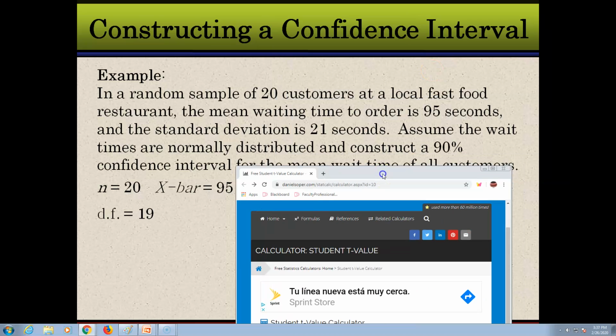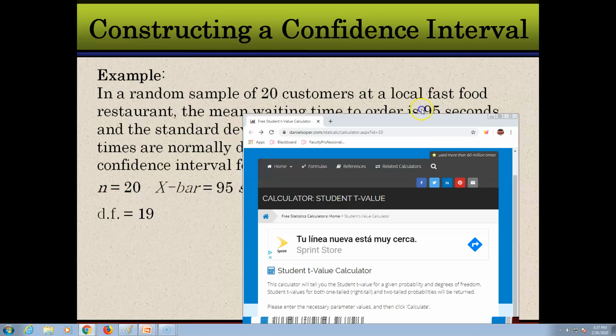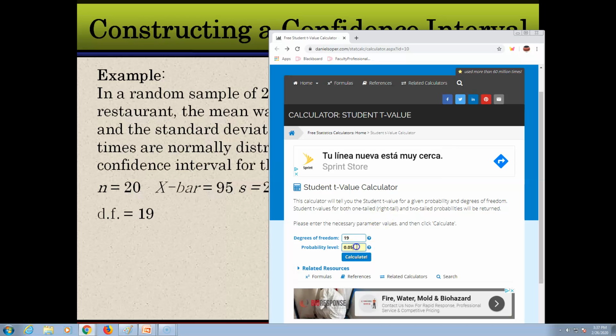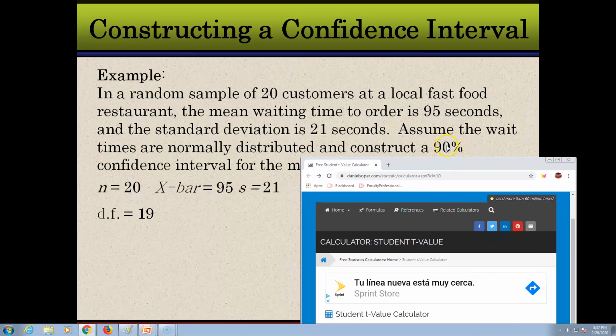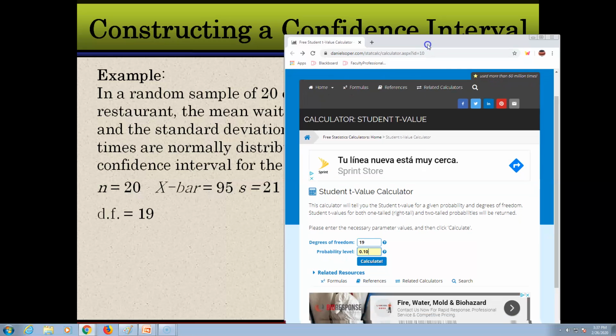So I take 100% and subtract the confidence level, 90%. I get 10%, and I change the 10% to a decimal, so that will be 0.10. Let me say that again. How did I get that 0.10? The probability level is not the same thing as the confidence level.